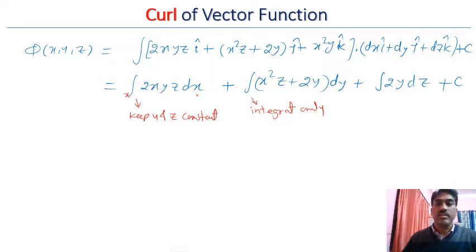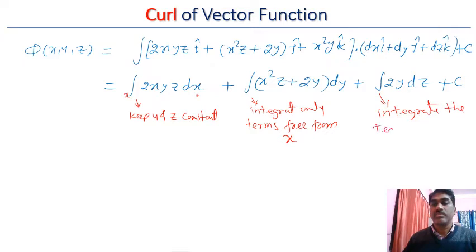Integrate only the terms free from x, and finally integrate the terms free from x and y both. Means in the first integral we will just integrate with respect to x and keep y and z constants. So let us do this. So x, y and z are constants.